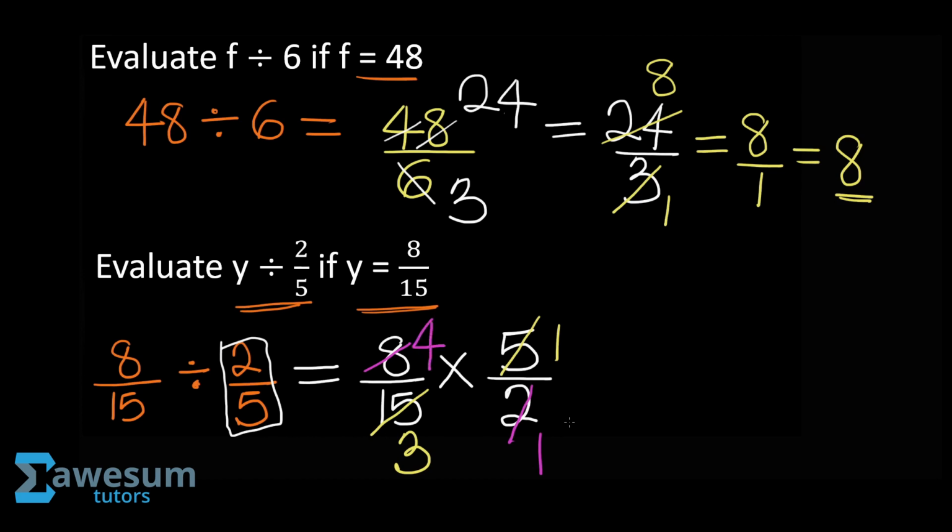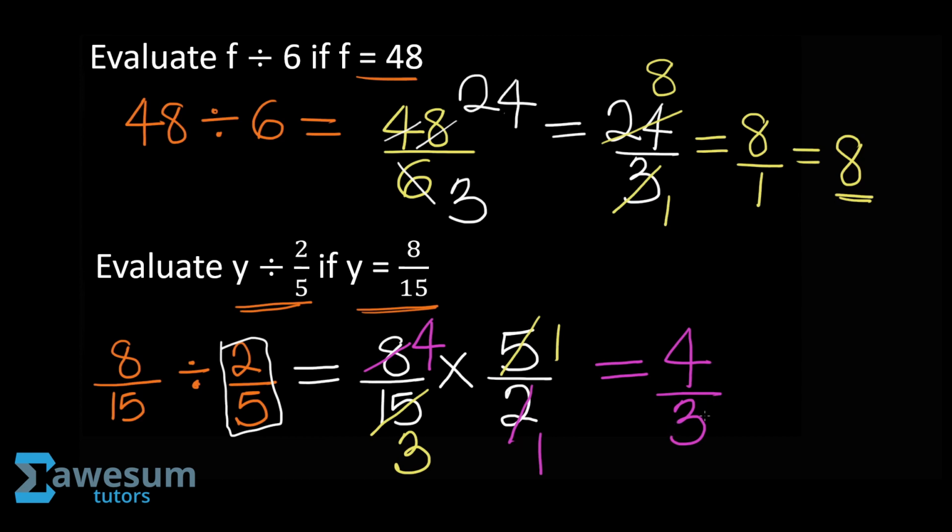If you take a look at this, nothing can divide anymore. So I can multiply out. Then I will say 4 times 1, that is 4. 3 times 1, that is 3. That means my answer is 4 over 3.